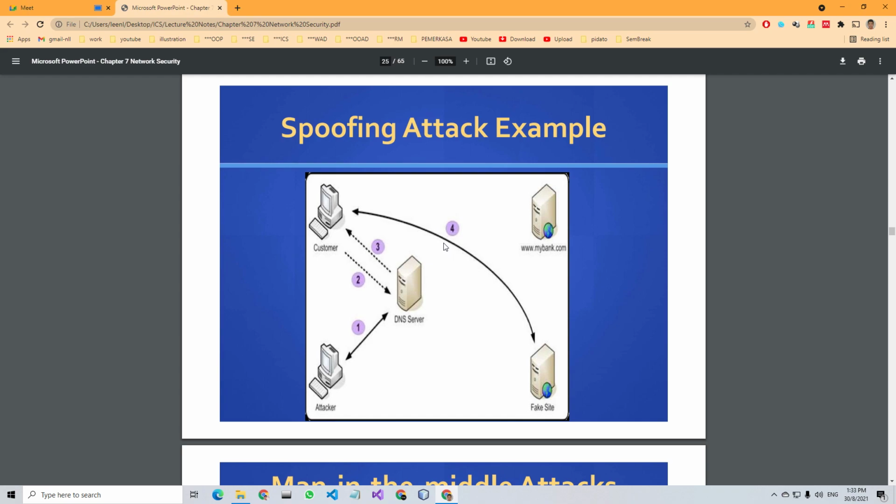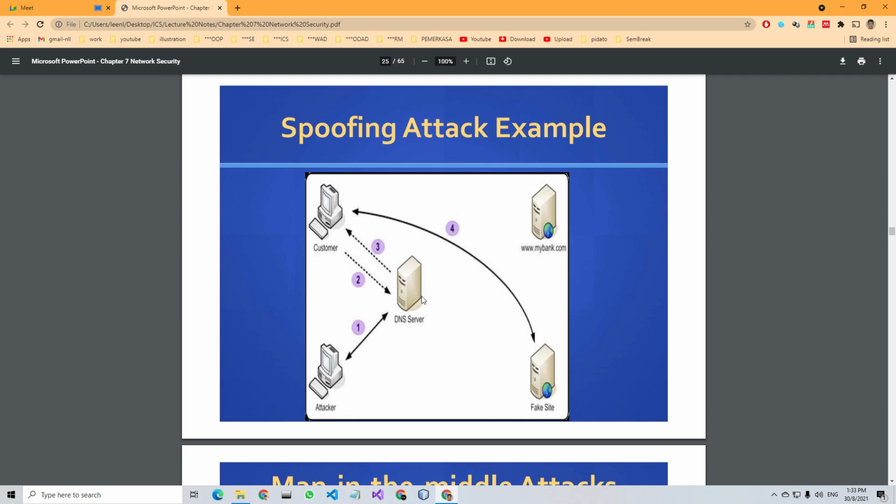Every computer connected in the network has an IP address, right? Spoofing is a big term. Under spoofing, there is web spoofing and address spoofing. There are many kinds. This diagram shows you address spoofing.